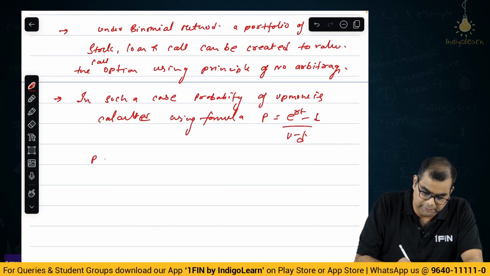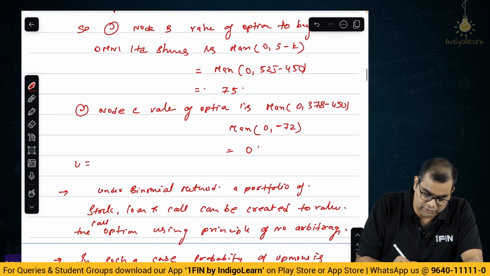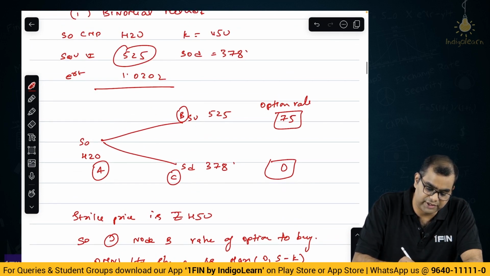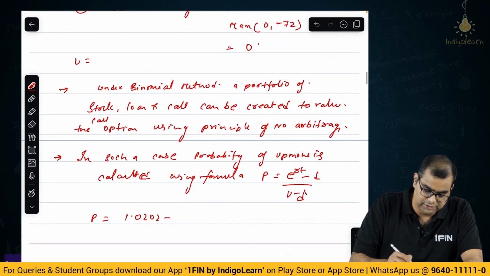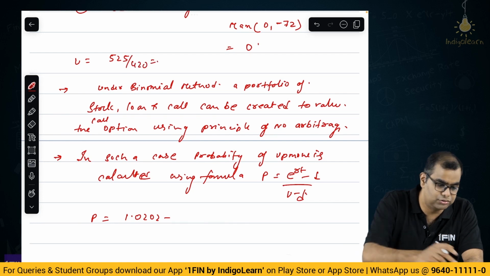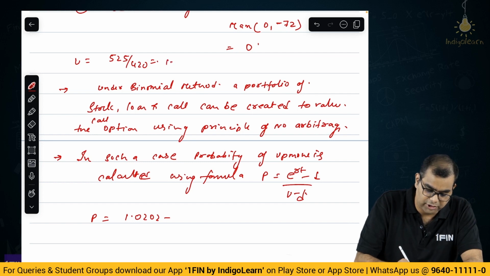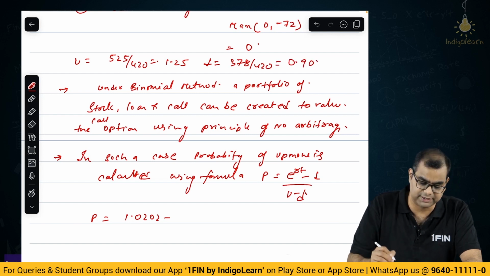Okay, so you compute P is equal to 1.0202 minus D. Here you have to compute the value of D. U is 525 by 420, which works out to 1.25. D is 378 by 420, which is 0.90 or 90%, right.